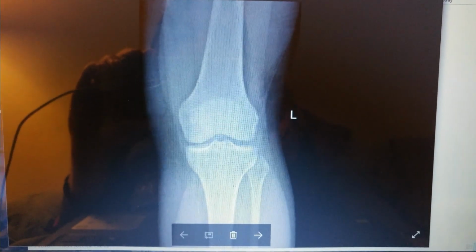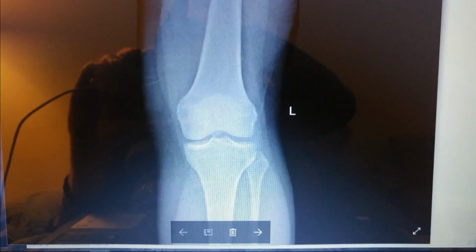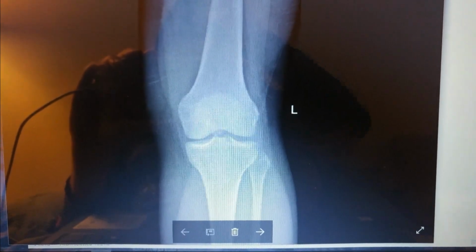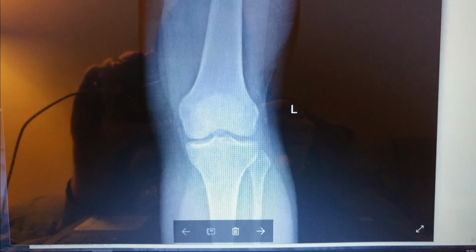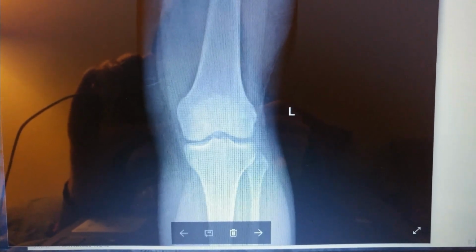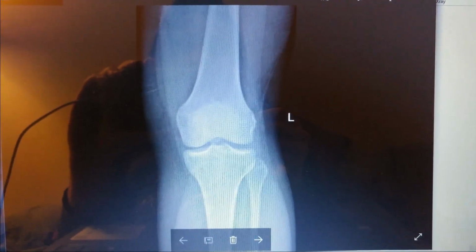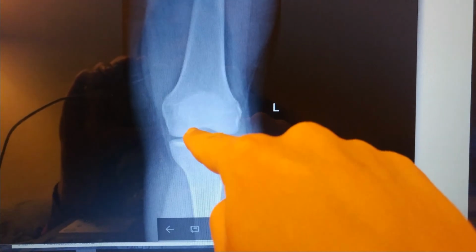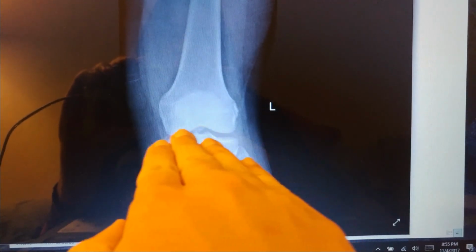Okay, so we're going to talk about the knee x-rays now, and what I have here is an AP projection of the knee. The central ray enters about 1/2 of an inch distal to the patellar apex, so you can kind of see right here the apex, so central ray is right about there.